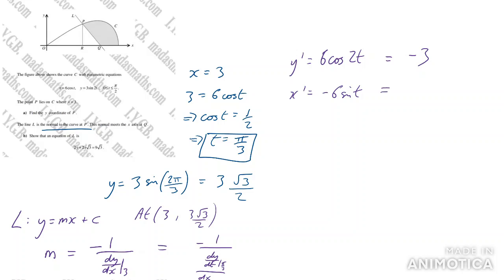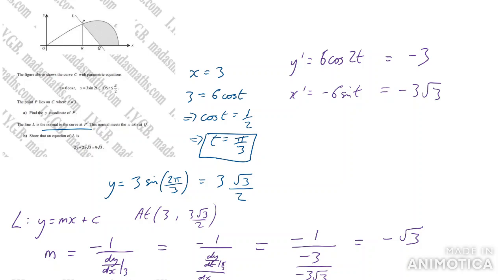And this is going to be 6 sine pi by 3, so that's root 3 over 2, and so 6 of that is minus 3 root 3. Okay, and so finally we get the gradient m is minus 1 over minus 3 over minus 3 root 3, which finally gives us minus root 3, I believe, which if you look at the diagram, looks about right for the gradient m.